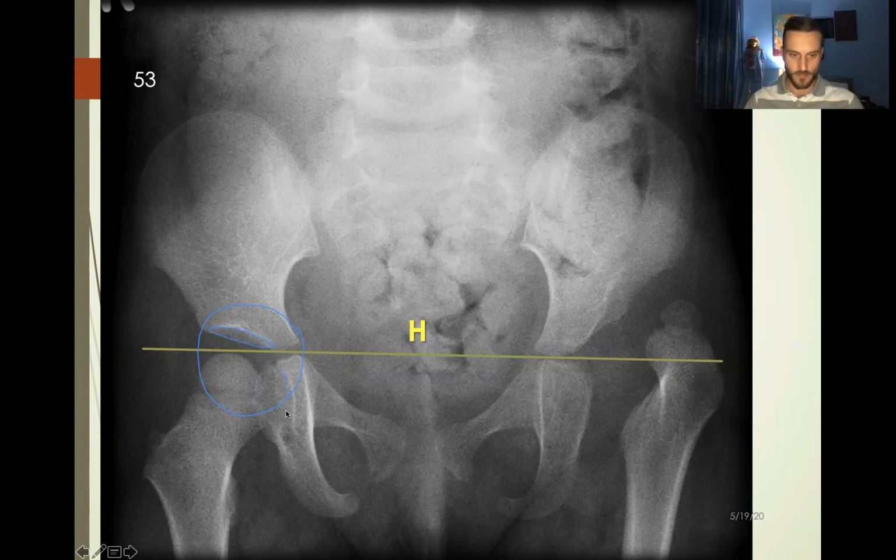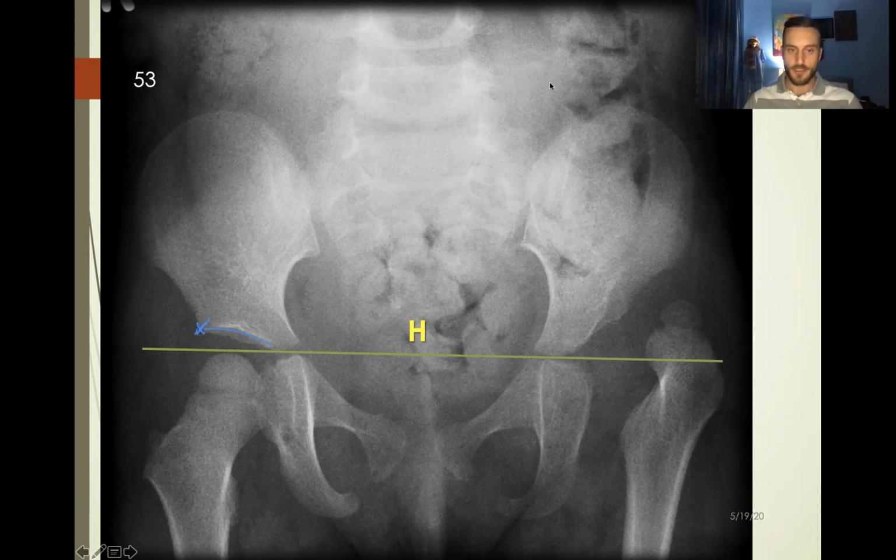This is the lower part of the acetabulum. We don't care about it now. We need only this part, the acetabular roof. So we go for the most lateral part of the whole acetabular roof, which is this point.